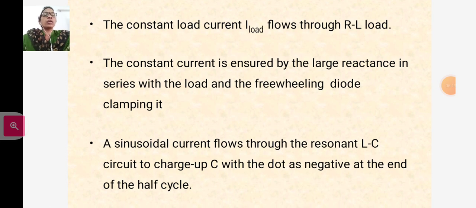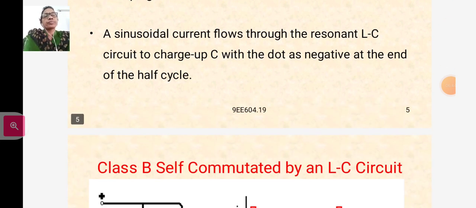The constant current is ensured by the large reactance in series with the load and the freewheeling diode clamping it. A sinusoidal current flows through the resonant LC circuit to charge up the capacitor with the dot, that is the upper plate of the capacitor, as negative at the end of the half cycle.